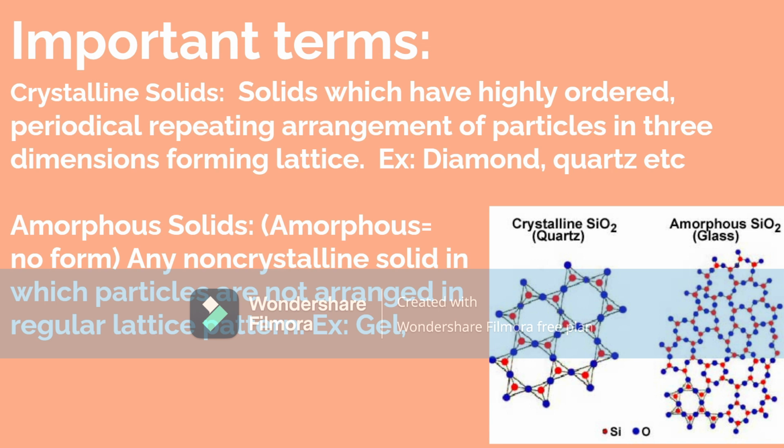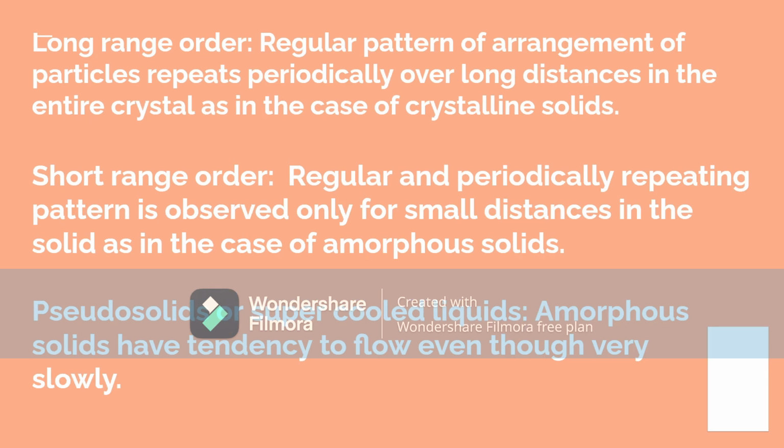Examples: gel, glass, plastics, rubber come under this category. These are crystalline and amorphous solids.